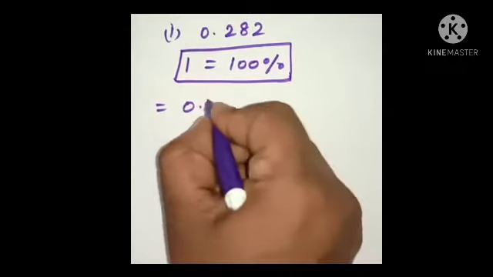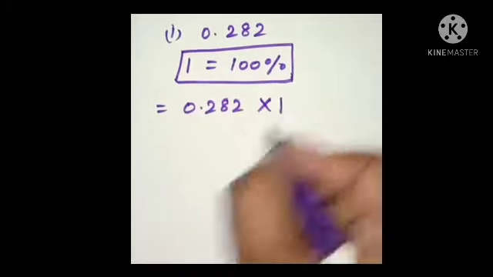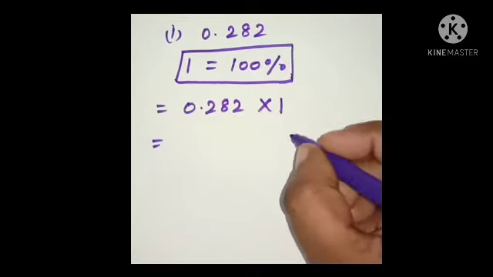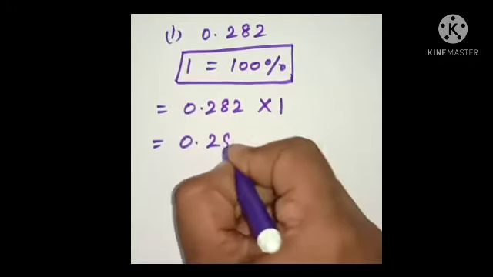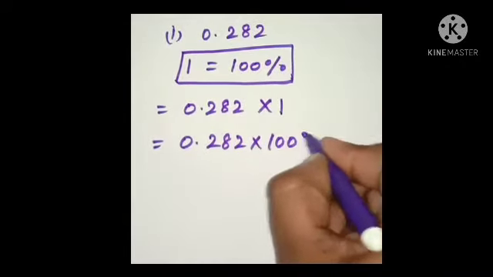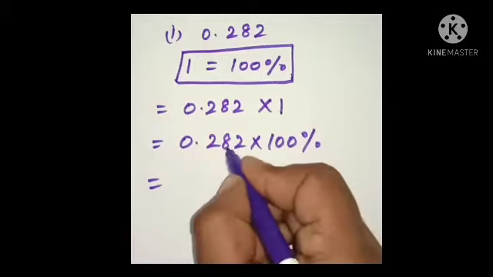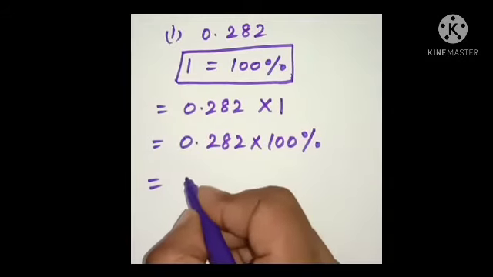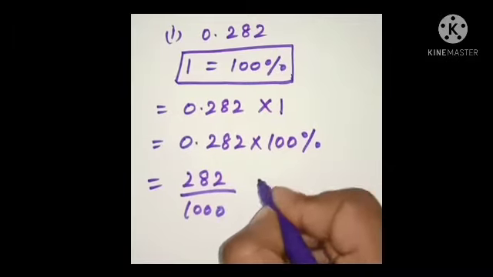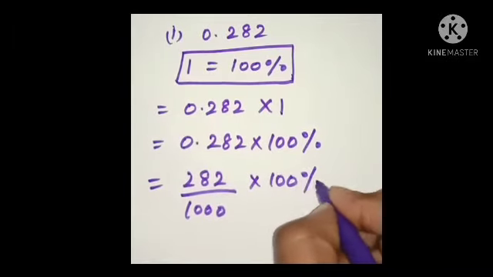That is 0.282 into 1. We can write 0.282 as 0.282 into 1, and in the place of 1, we can write 100%. And 0.282 can be written as 282 by 1000 into 100%.